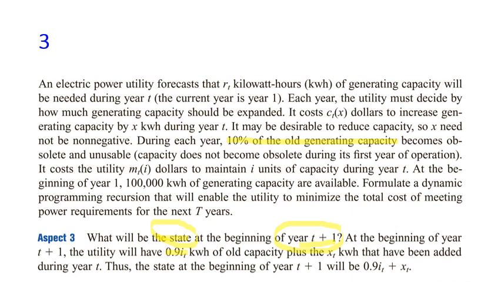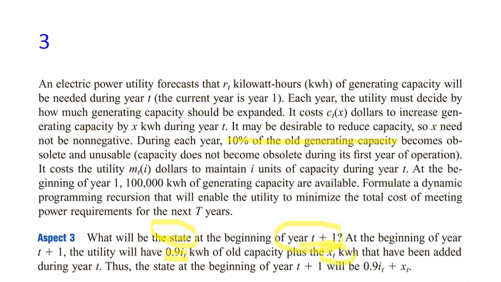In other words, only 90% of it will be usable in year T plus 1. However, the capacity that we built in year T, xt, is still okay to be used for the next year.